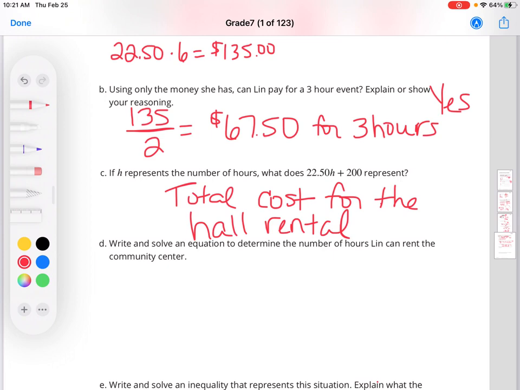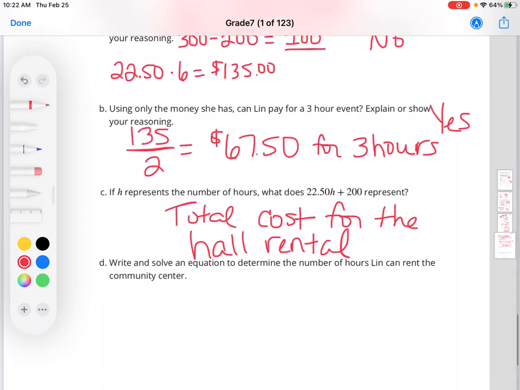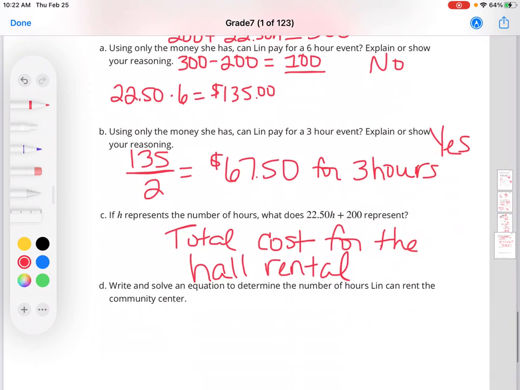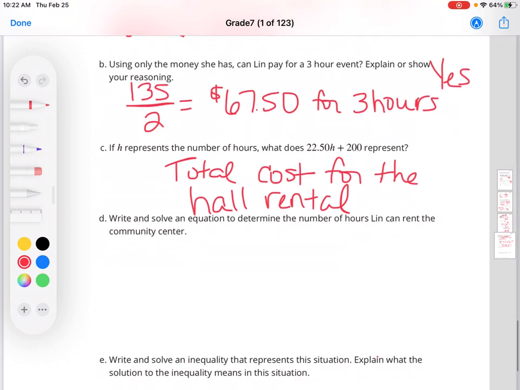Okay, so for D, it says to write and solve an equation to determine the number of hours that Lynn can rent the community center. So up here I wrote an inequality. It's still the same thing, except it just wants an equation. So I know this is the total cost, and I can only spend $300.